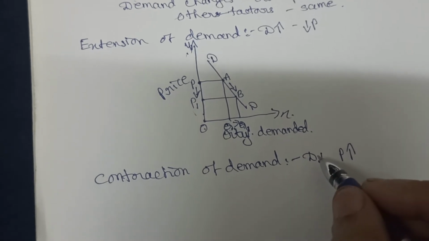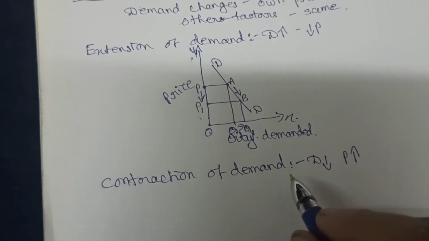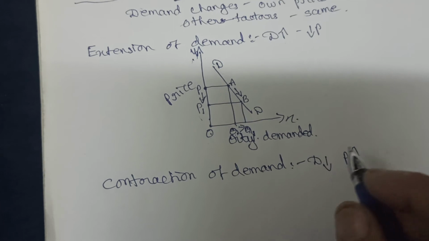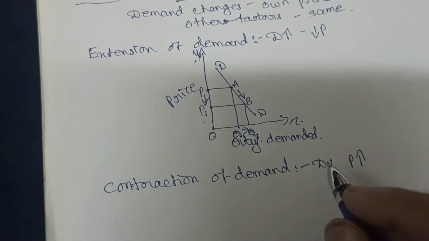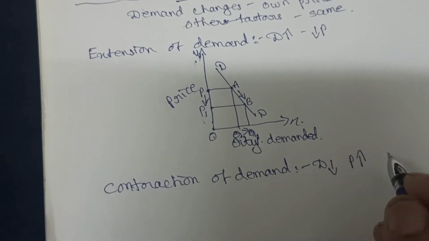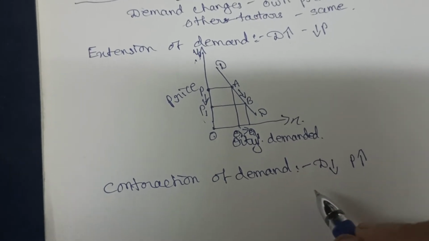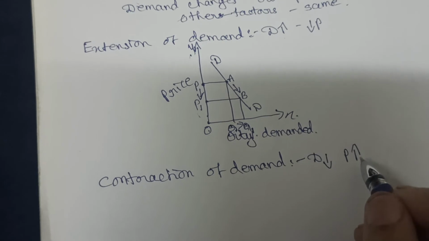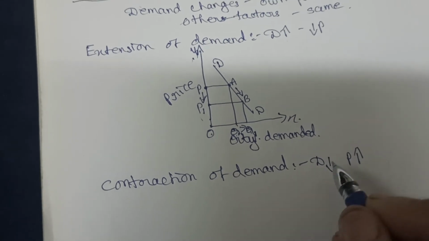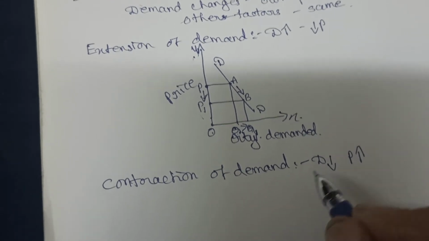Other factors affecting the demand will remain the same. Income will remain the same, population will remain the same, price of substitutes, everything will remain the same. Other factors will not change. Till then the demand falls. It is due to what? Rise in price. So diagrammatically it is defined as contraction of demand.